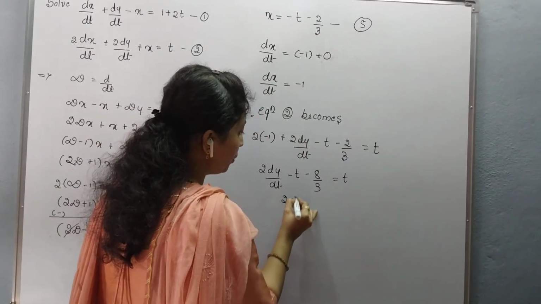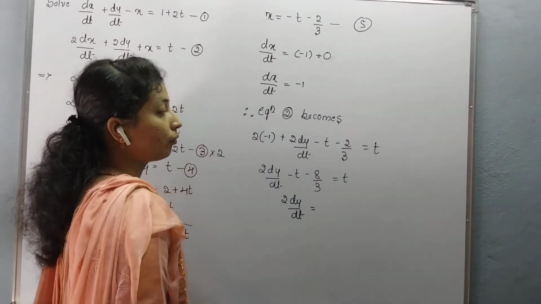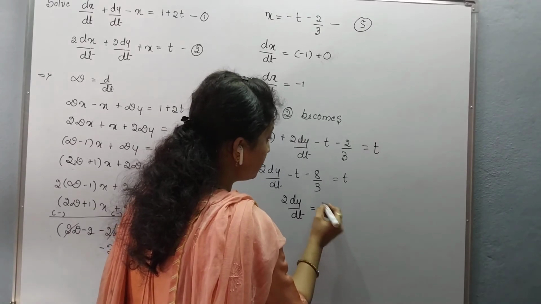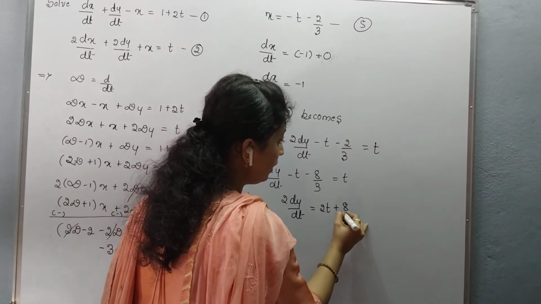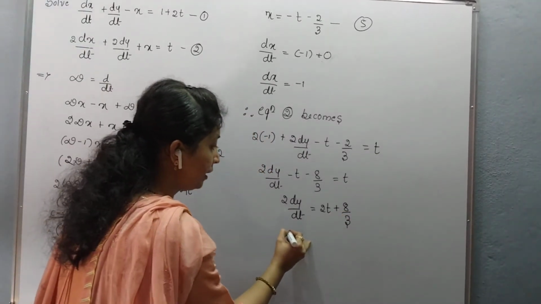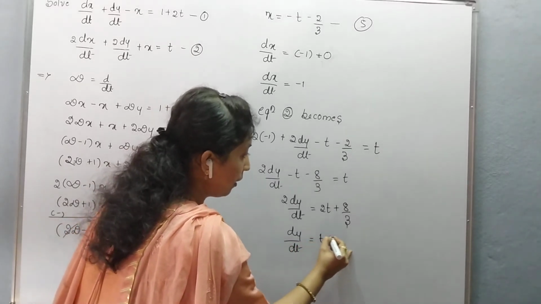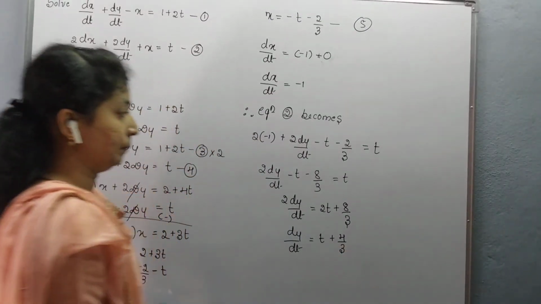So again 2 dy by dt is equal to, bringing these terms to the RHS, t plus t, that is 2t plus 8 by 3. Then dy by dt is equal to t plus 4 by 3.